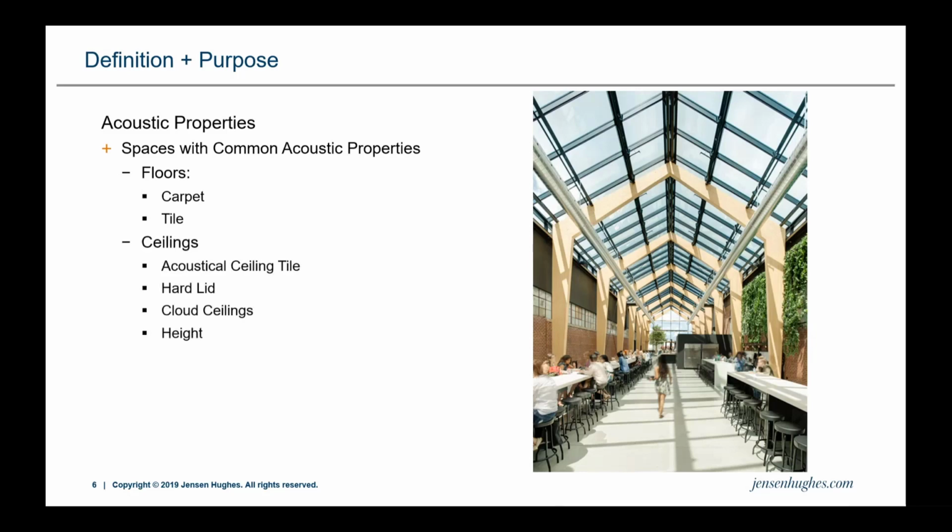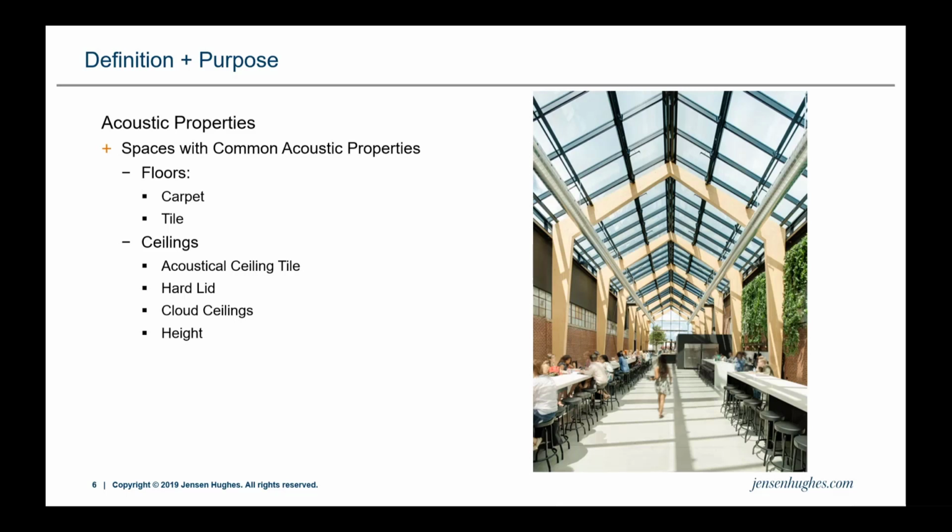Next, you have your ceilings. Your ceilings have a lot to do with how sound moves in a space. We often, in office buildings and other spaces, have acoustical ceiling tile, which is very absorbent. Or we might have hard lid or even cloud ceilings that bounce or provide reflection of sound signals off of them, greatly increasing the difficulty of providing adequate sound within the space.